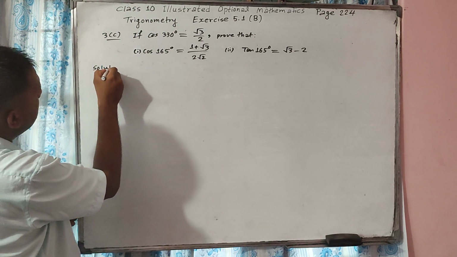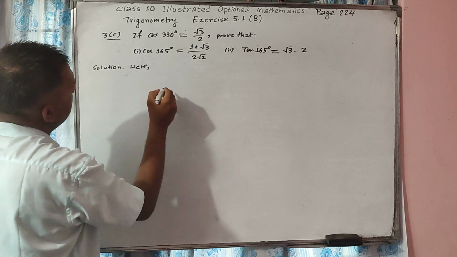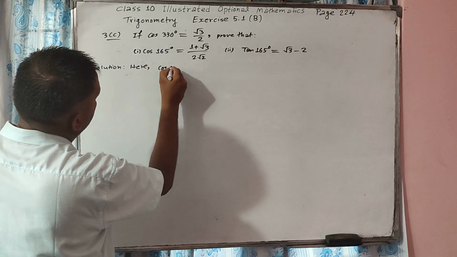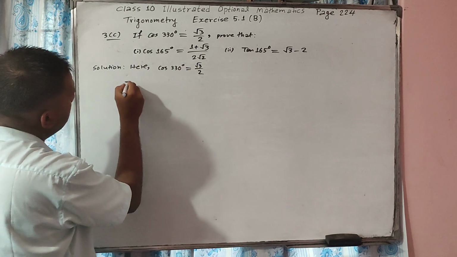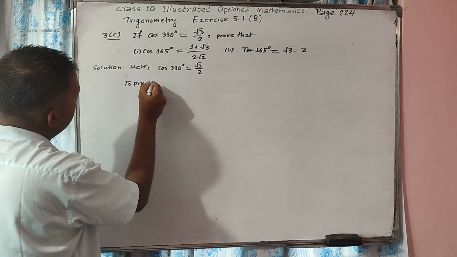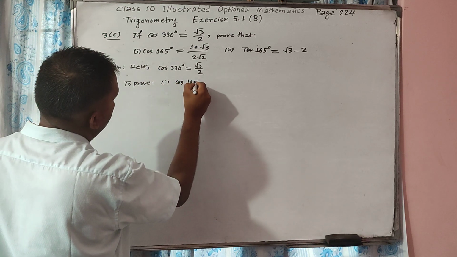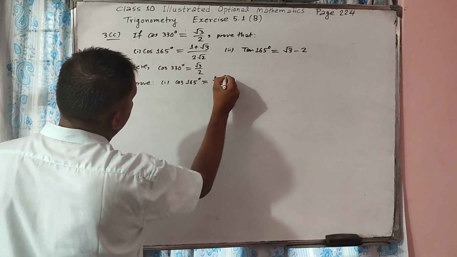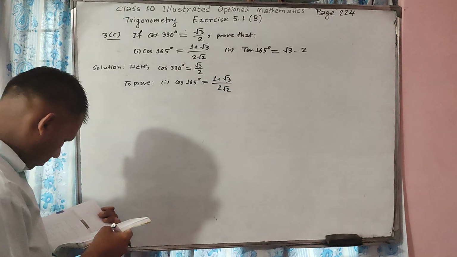Now its solution. Here cos 330 degree equal to root 3 by 2. To prove, number 1, cos 165 degree equal to (1 plus root 3) whole upon 2 root 2.